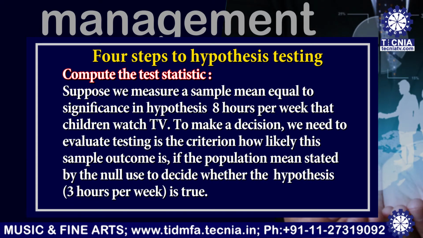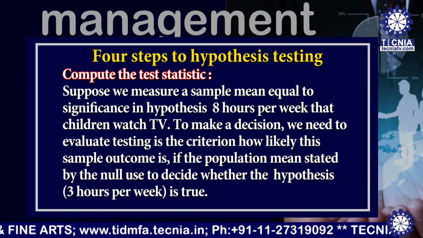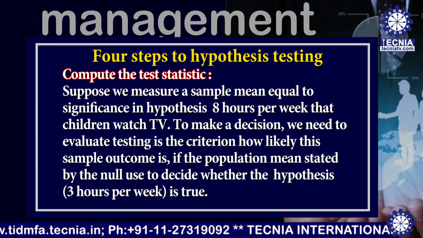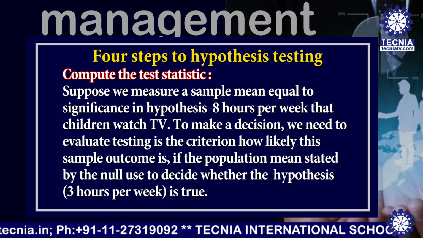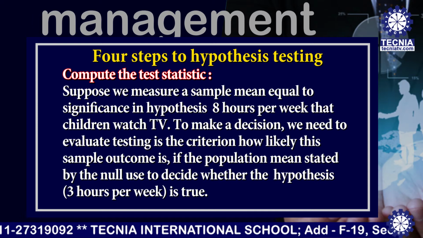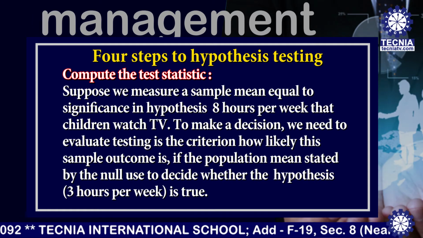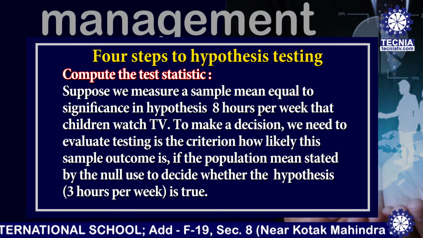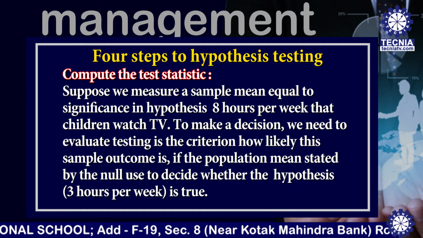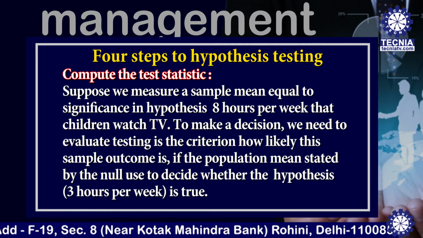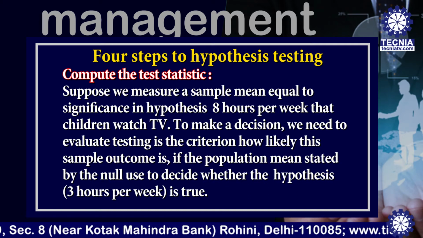Suppose we measure a sample mean equal to 8 hours per week that children watch TV. To make a decision, we need to evaluate how likely the sample outcome is if the population mean stated by the null hypothesis, which is 3 hours per week, is true.